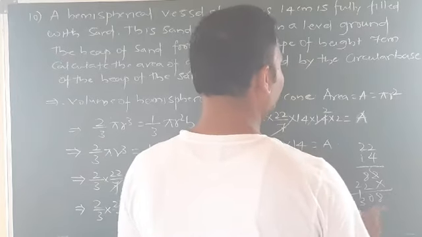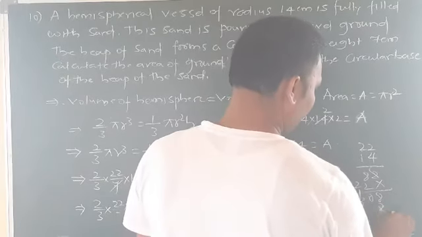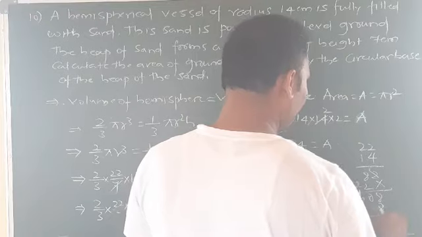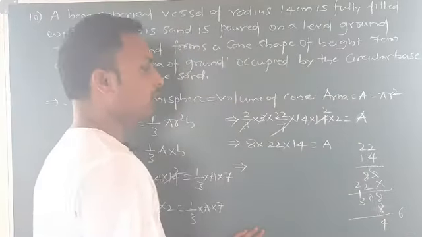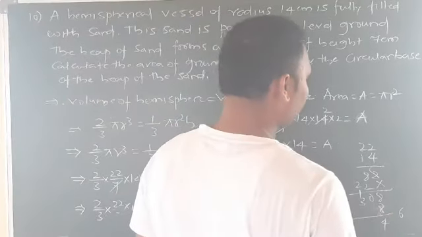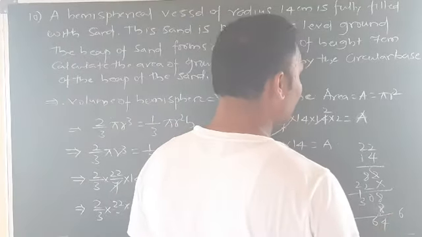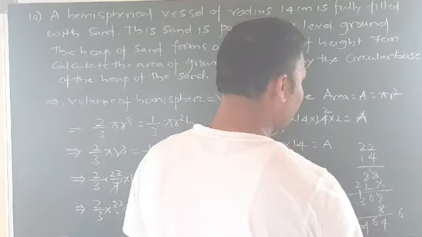Again we need to multiply by 8. So 8 into 8 is 64, 6 is remaining here, 8 into 0 is 0, and we have 6, 8 into 3 is 24.